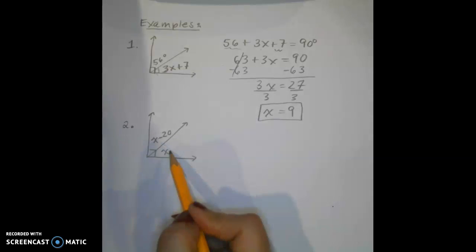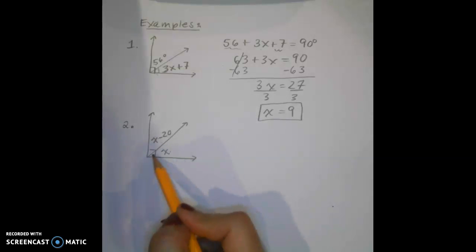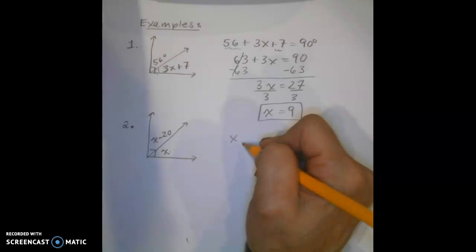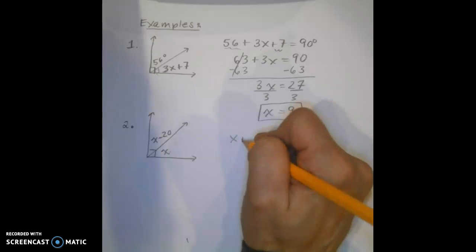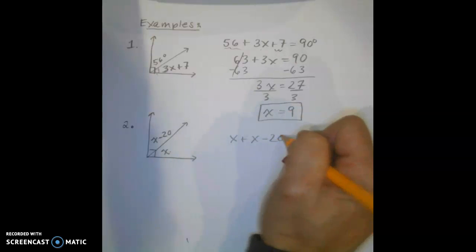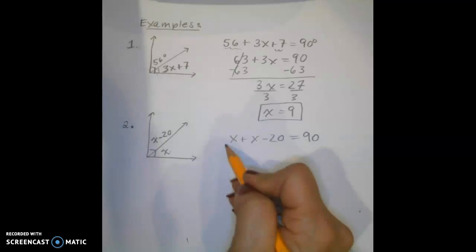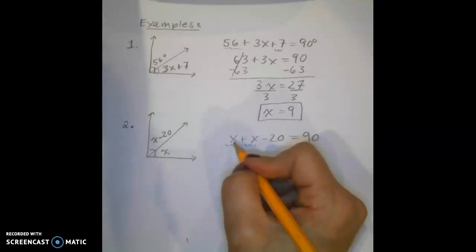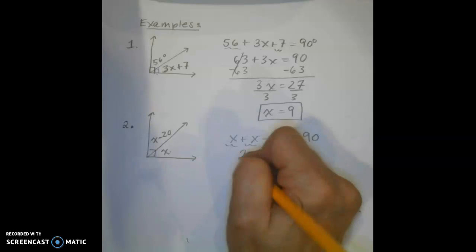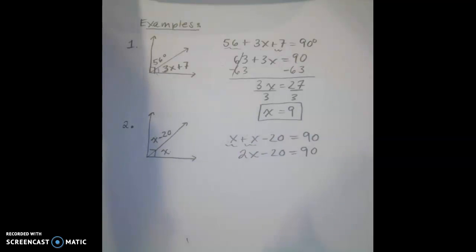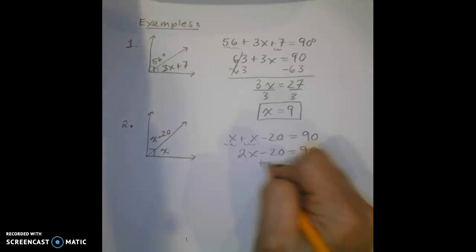So the two parts together equal 90 degrees. The sum of these angles equals 90. We're going to write our equation to reflect that. One angle plus the other angle equals 90. This time our x's are our like terms. So 1x plus 1x is 2x. Going to add 20 to both sides.